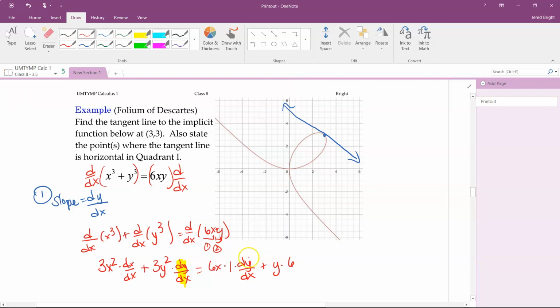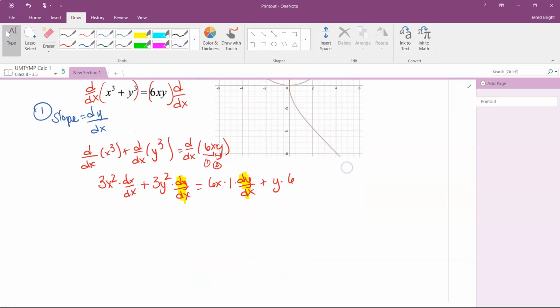With all this I still need to find dy/dx, so let's engage in a little solving using our algebra skills. Get all the terms with dy/dx to one side, and the terms without dy/dx to the other side. I'm going to move this one over, so I believe if I pull out the dy/dx as a common factor, there's going to be 3y squared from this first term, and then a minus 6x as well.